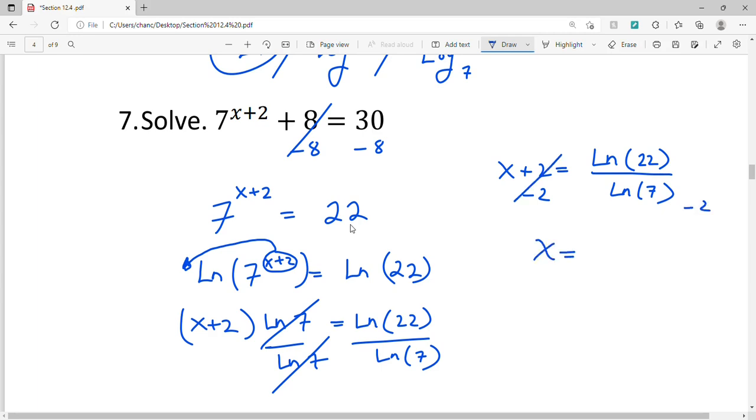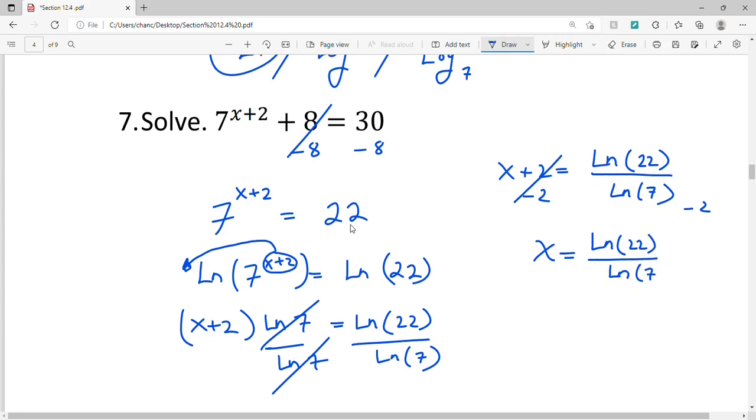X is now equal to the natural log of 22 divided by the natural log of 7 minus 2. Don't forget to include the parentheses, especially when you're entering this solution into the calculator. And we can finally solve for x here, round it to 3 decimal places.